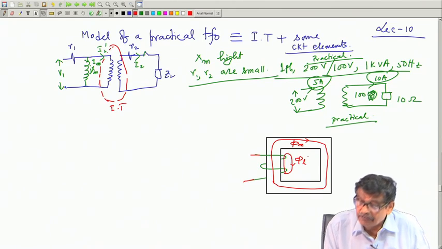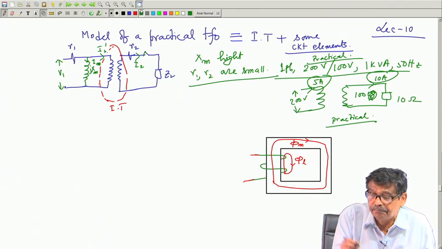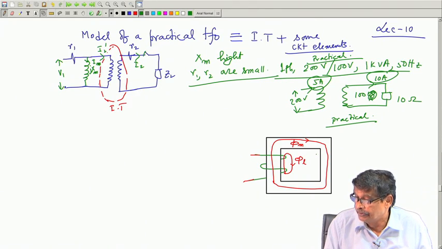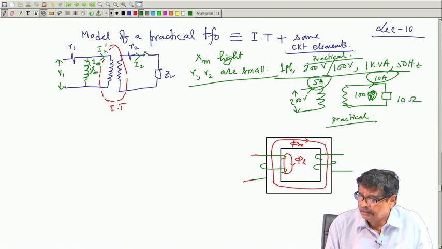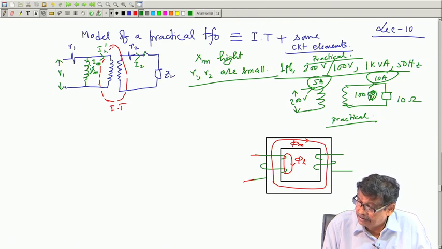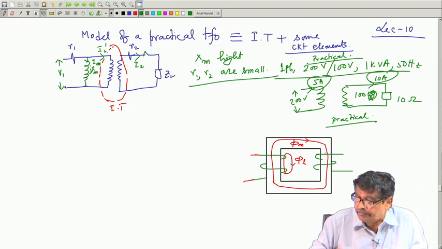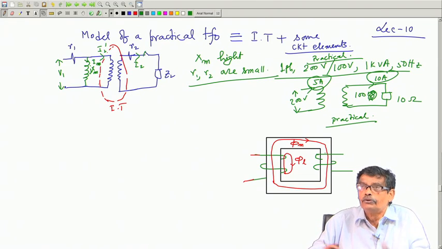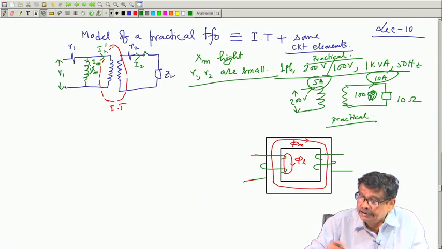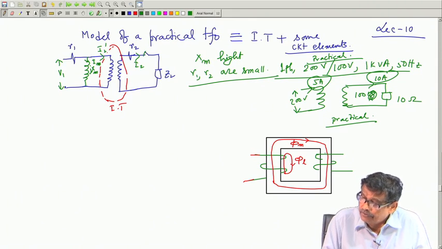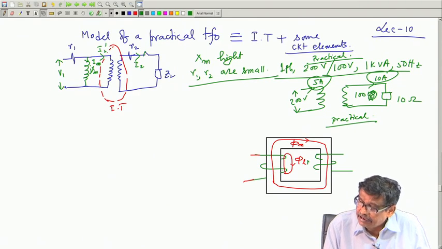It is this mutual flux which is going to give you transformer action. The voltage induced in the coil is N d phi m dt, with no leakage flux. It is the flux which is common to both the windings. So, this is leakage flux here, phi L 1.